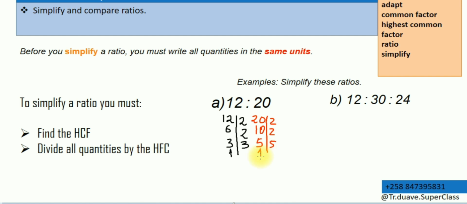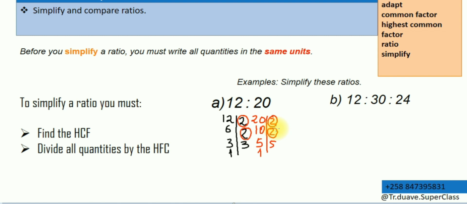Okay, so now we need to circle the common numbers. Let's take a look here. You have some numbers. Look at this number here, 2. This is similar to this one, and this is similar to this. So let's circle them. We combine this with this, and this with this.